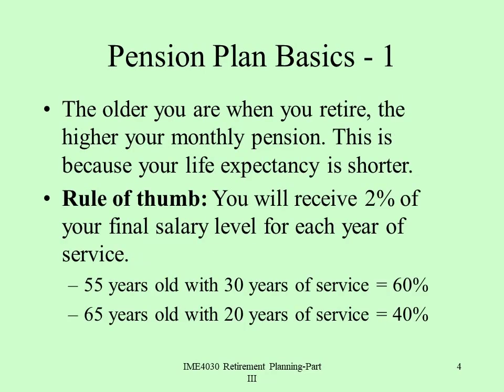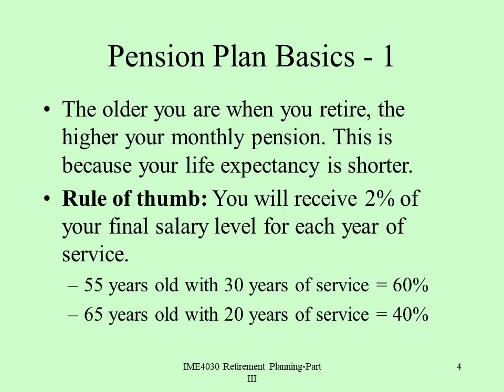In general, the older you are when you retire, the higher your pension will be. When I say the word pension, that's your retirement plan. The reason that the older you are, the more money you get, is because your life expectancy is less. So they typically will adjust your retirement to match your age based on this life expectancy.